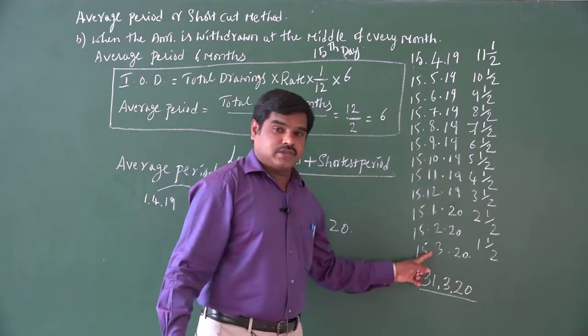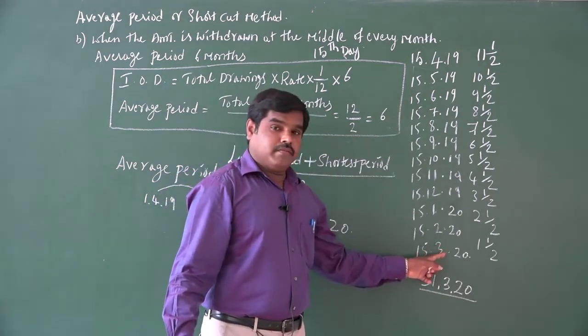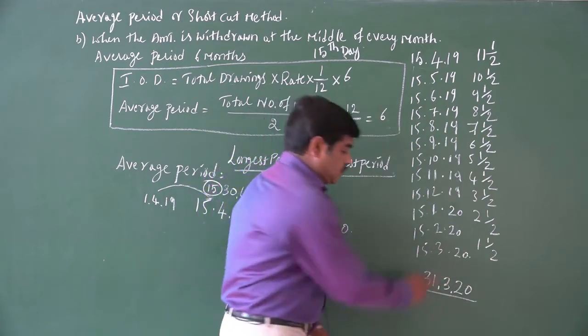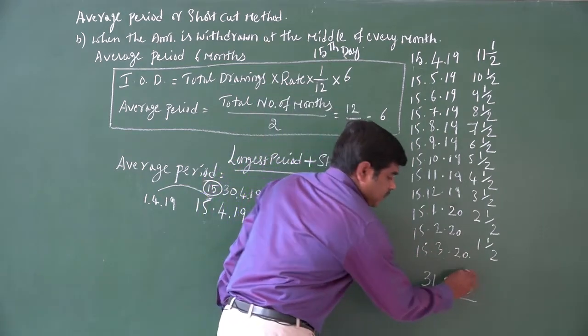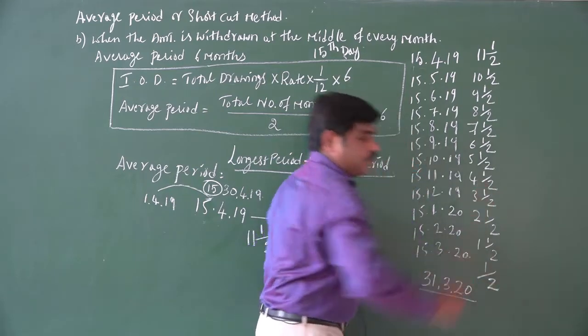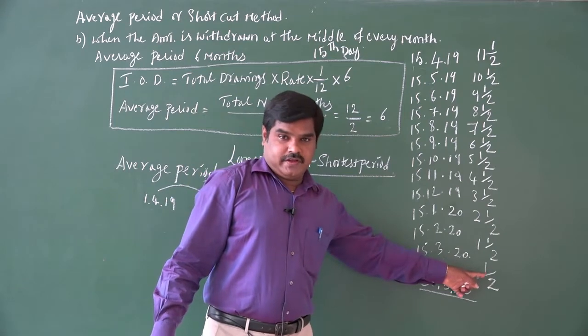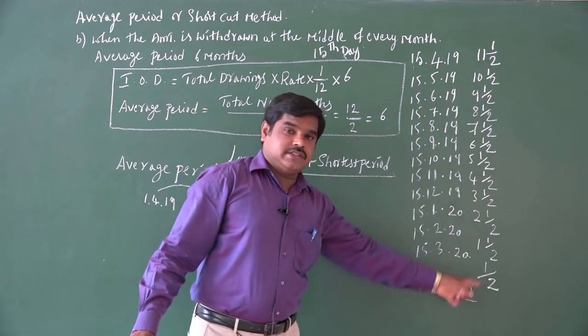This is important: 15th March 2020 to 31st March 2020 is 15 days, and 15 days will be considered as half month. So the number of outstanding months will go like this.